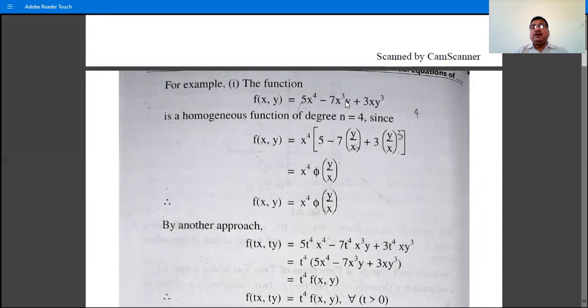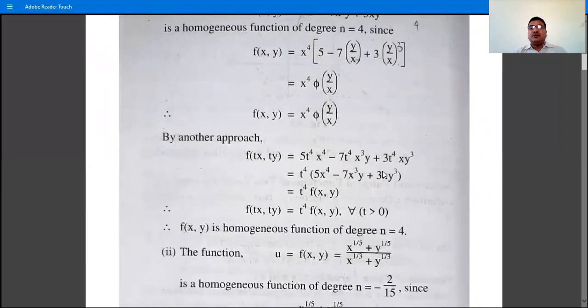So t cube times t becomes t raised to 4, x cube y. Then substitute x as tx and y as ty in the last term: tx times ty cube means t times t cube y cube, so t and t cube becomes t raised to 4, x y cube.